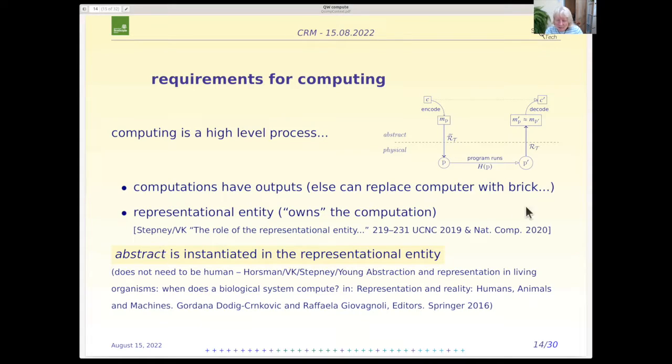And this is why I'm saying it's not a dualist theory, because this whole abstract here is instantiated in the representational entity, which is a complex enough entity, like us, but it doesn't need to be human, in order that it can process a model and want to do a computation.